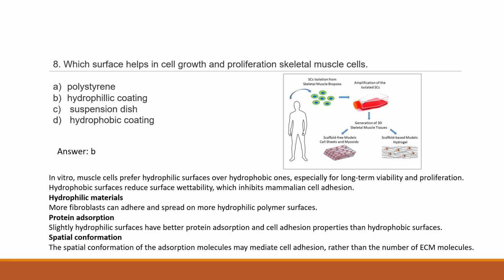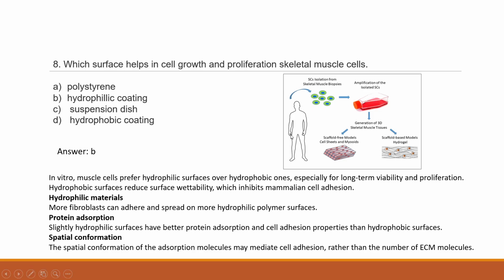Just because ECM is there doesn't mean it will adhere. The ECM has to be spread properly and coated evenly. If it's a lump somewhere in a corner of your dish and your cells are elsewhere, it will not help your cell. Your cells can't take up that protein and attach. So how well the protein is spread on the surface also helps in attachment of the cells to the plate.